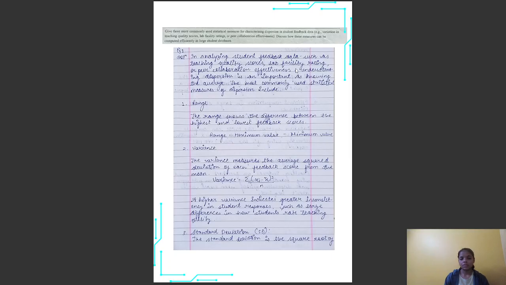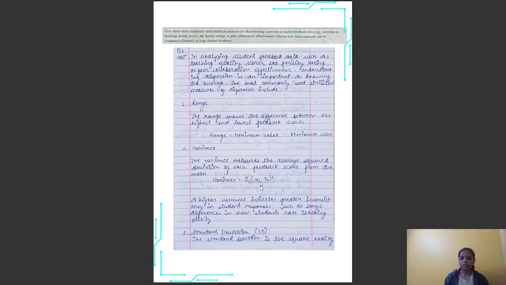Now variance. The variance measures the average squared deviation of each feedback score from the mean. To calculate the variance, we should know the mean. The formula is summation of xi minus x bar whole square upon n. Here xi, which is our data set values, gets subtracted from the mean, whole square, upon n.